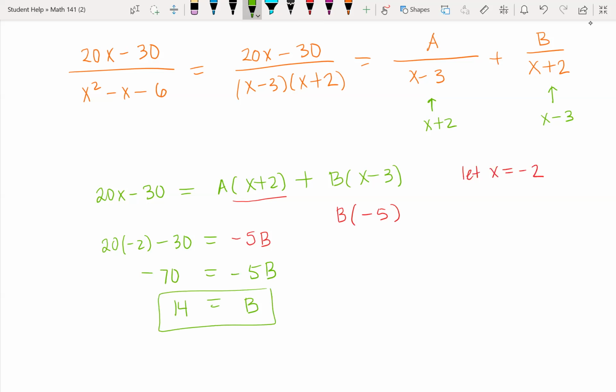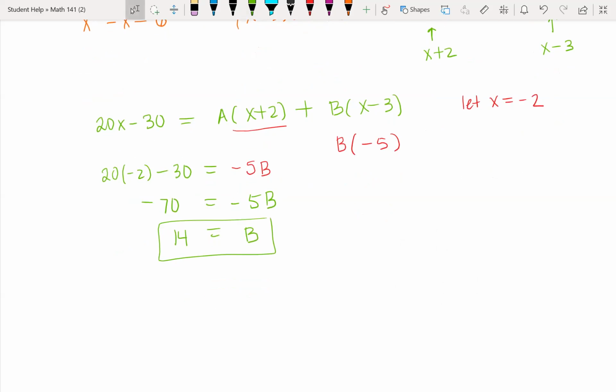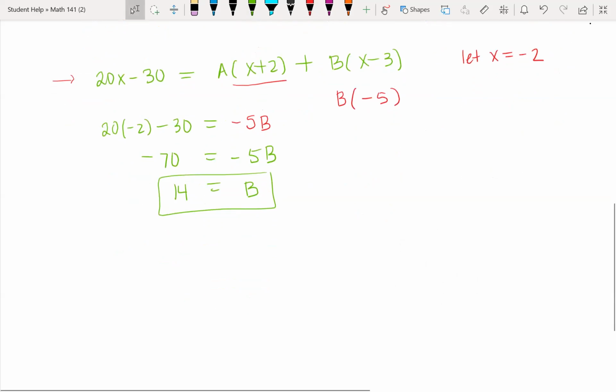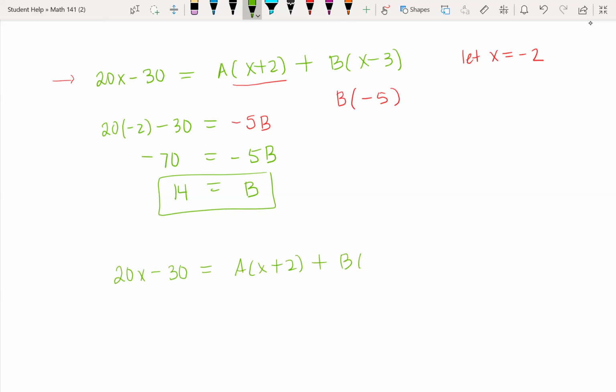Okay, good. Now I'll go back to that equation that I had up here, and I can start over again and do the same thing. Let's go 20x minus 30 equals A times x plus 2 plus B times x minus 3.